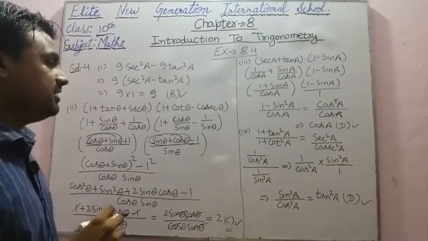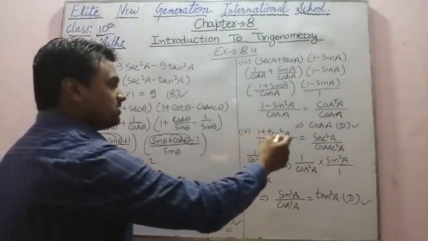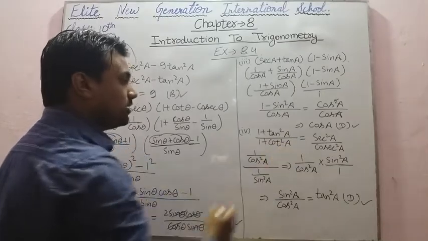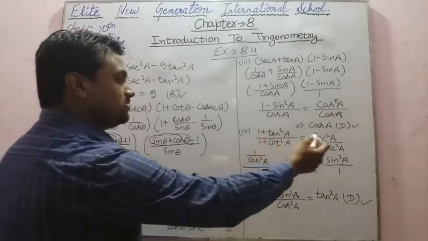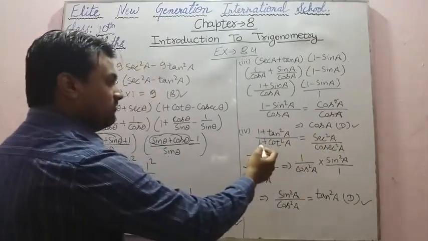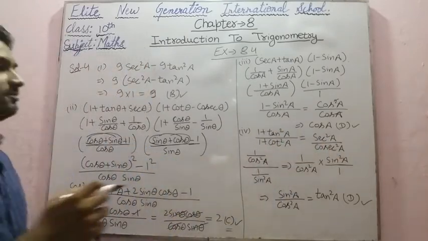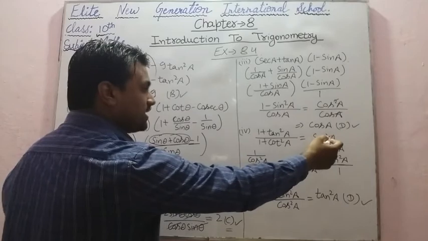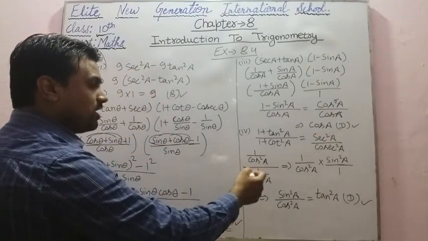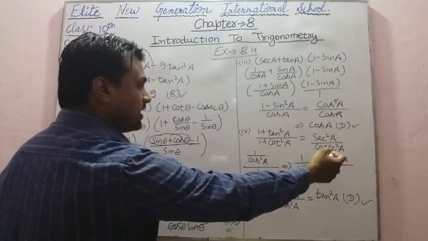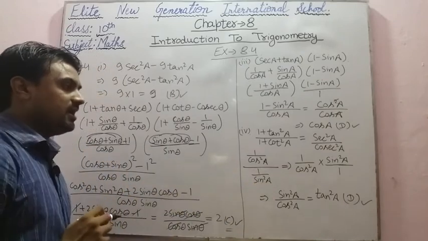Now after this, see its fourth part. It is (1 plus tan square a) upon (1 plus cot square a). So the value of 1 plus tan square a is sec square a, and the value of 1 plus cot square a is cosec square a. So here in place of sec square a we can write 1 upon cos square a, upon, in place of cosec square a we can write 1 upon sin square a.